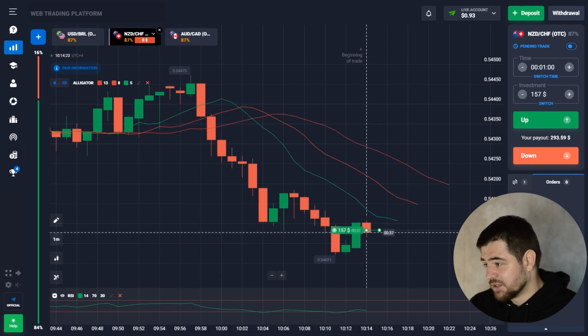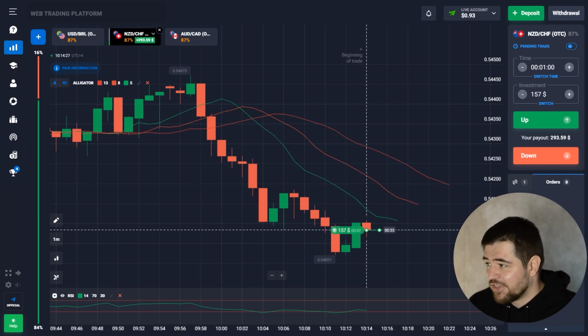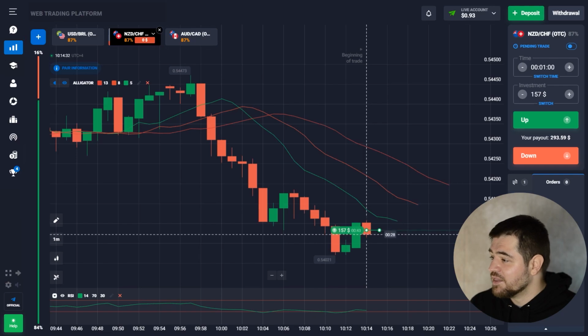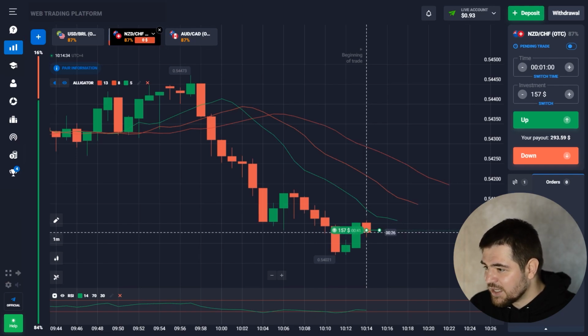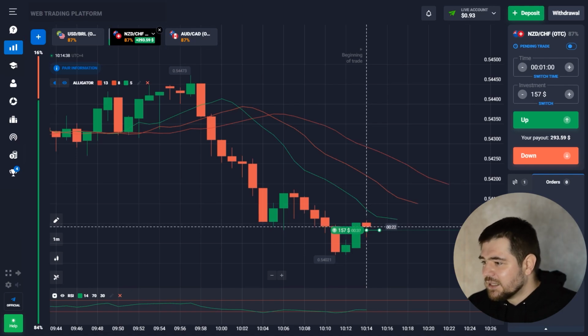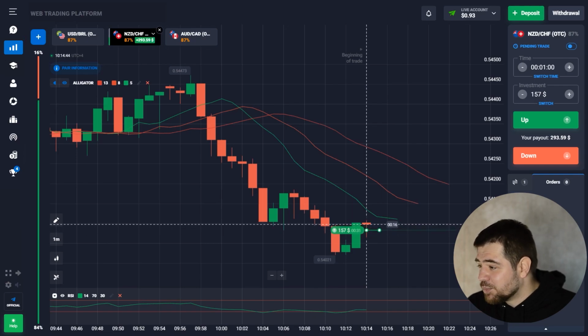So, call option here. Why? Because everything is showing us the opposite, right? But we kind of entered a flat here a little bit. So it was a pullback, but then it didn't go down again.